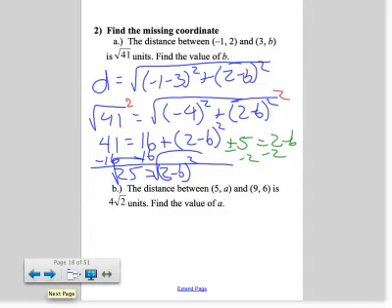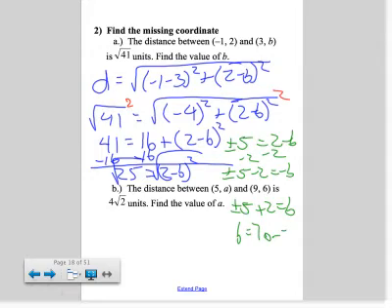Subtract 2, so plus or minus 5 minus 2 equals negative b, multiply both sides by negative 1, and so I end up at plus or minus 5 plus 2 is equal to b. And so what that says is that b is either 7 or b is negative 3. Okay, 7 or negative 3.